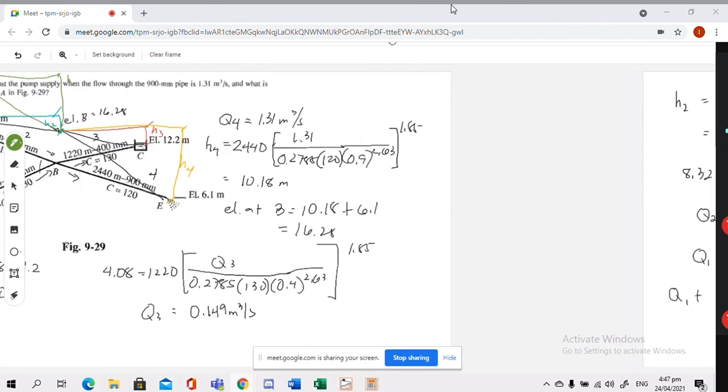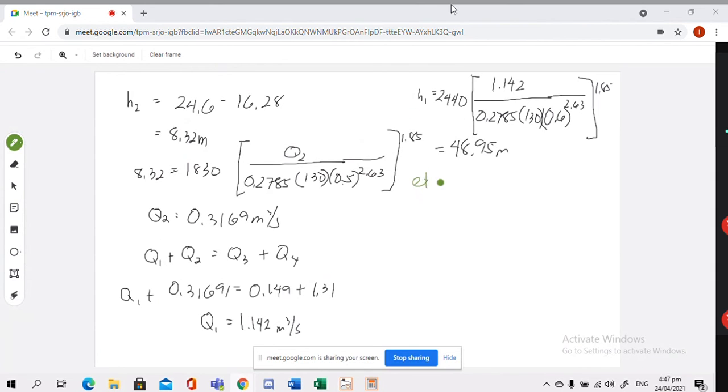So elevation at A is equal to 16.28 plus 48.95, which is equal to 65.23 meters.